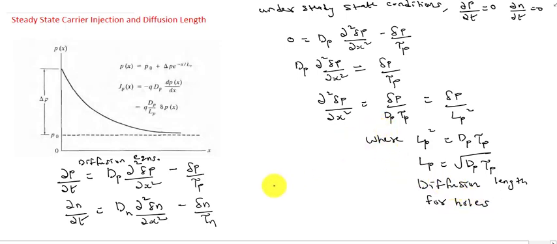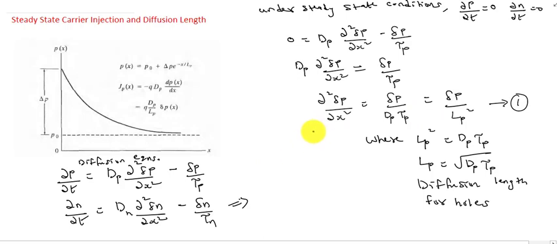Similarly, we can equate the second equation, and we can derive one more differential equation. So this can be written as equation 1. This is a second order differential equation, or we can call it the steady state diffusion equation, because we have substituted the steady state condition ∂p/∂t equal to 0. So equation 1 is known as the steady state diffusion equation.